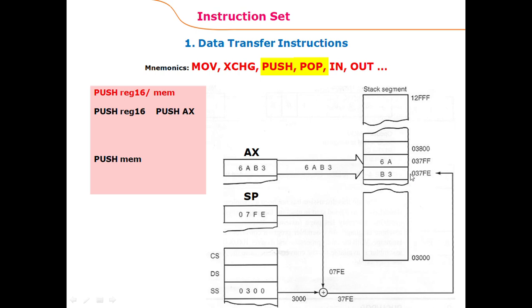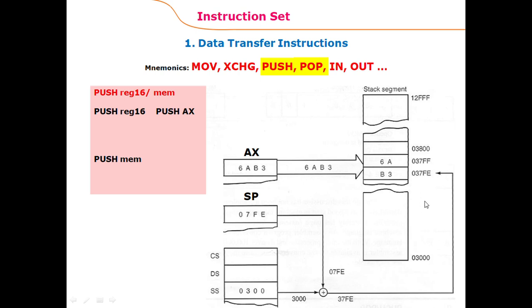This is the location where the stack pointer points to before executing this instruction. When this instruction is being executed, the content of the stack pointer is decremented by 2, so the stack pointer would point to this location. The accumulator has this value 6AB3. So B3 is stored at the location where the stack pointer points to. The physical memory address calculation would give this address 037FE.